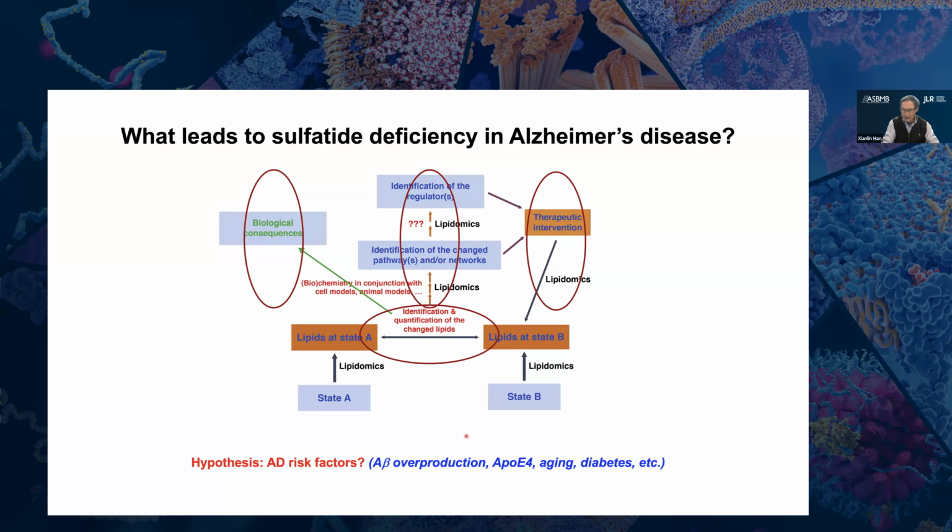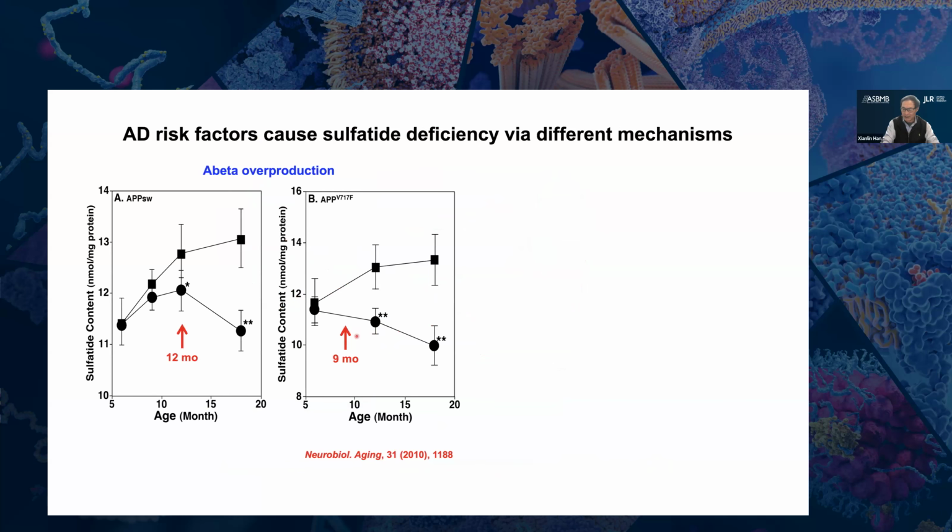So we made a lot of effort to see whether AD risk factors, including genetic ones as well as environmental ones, can result in sulfatide loss. It turned out to be really very remarkable. Shown here are different A beta overproduction animal lines, and you can see the dramatic loss of sulfatide depending on the animal model.